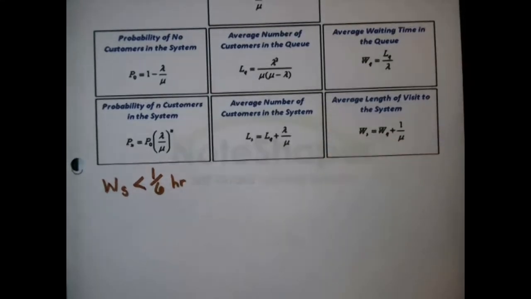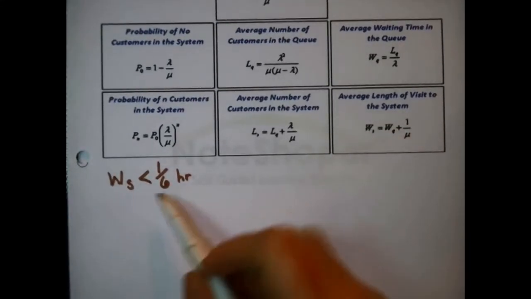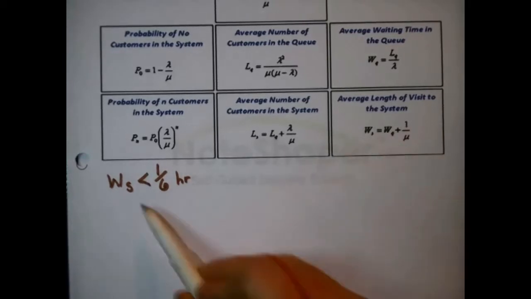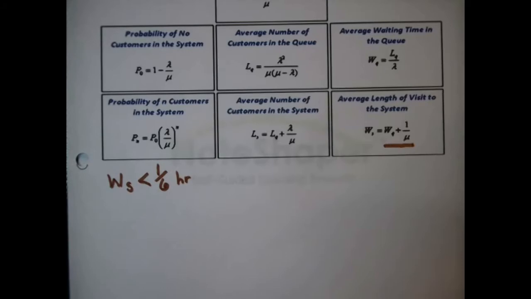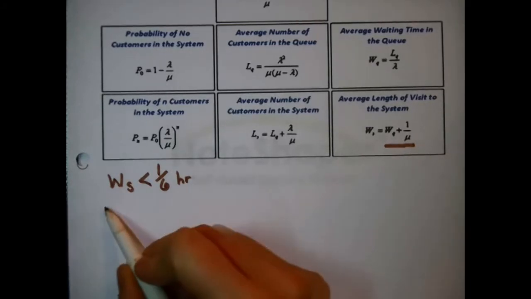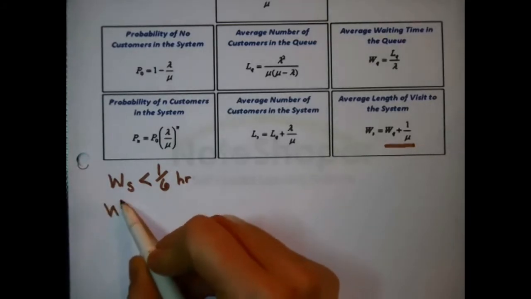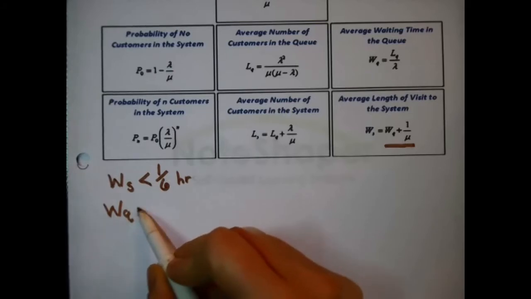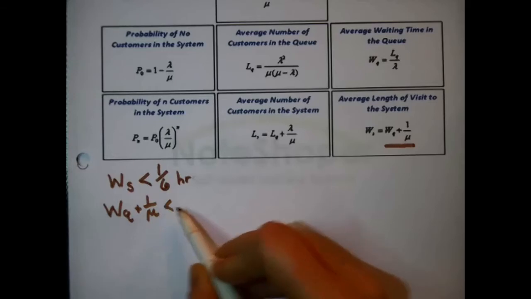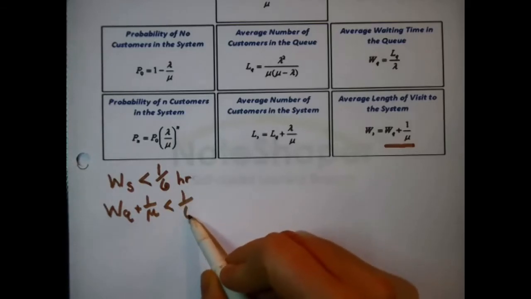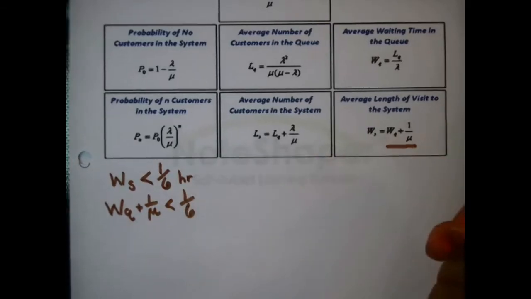Now, W sub S, looking at the formula sheet, is W sub Q plus 1 over mu. I'm going to substitute that in. The rest doesn't change. They'll be happy if that is less than 1/6.